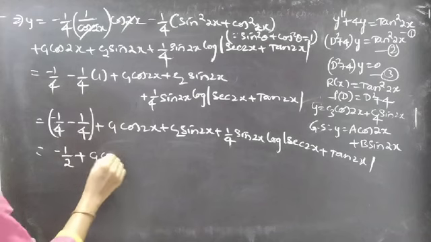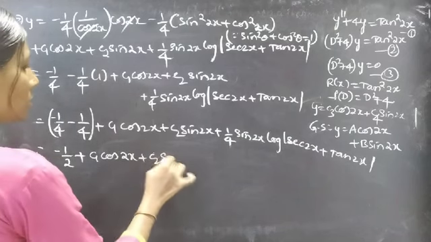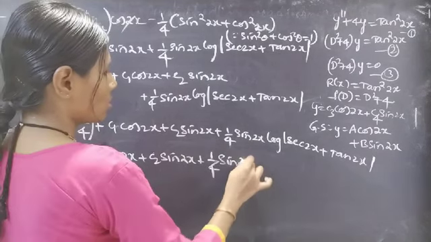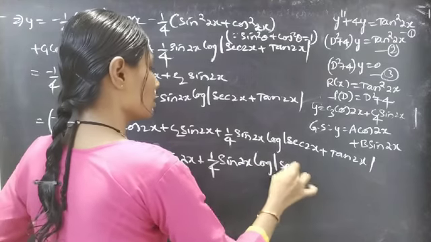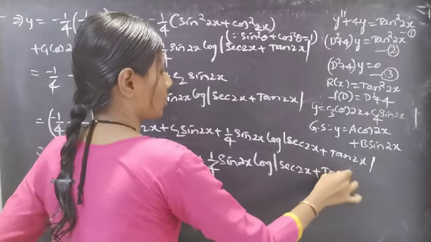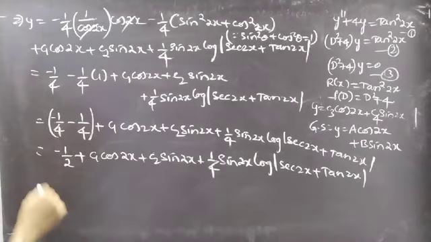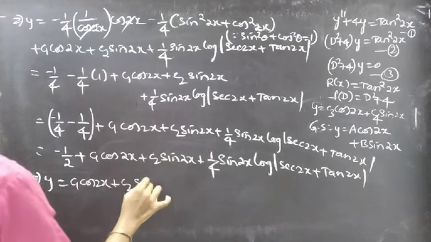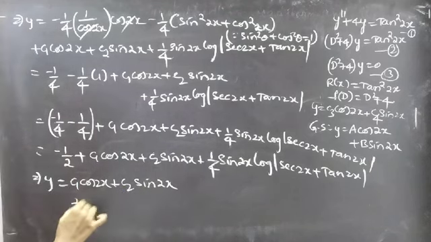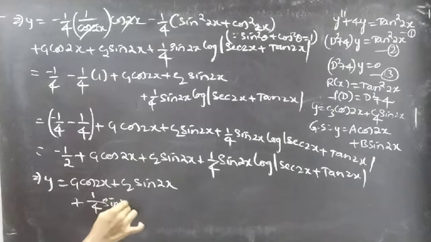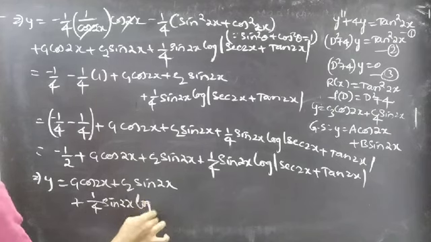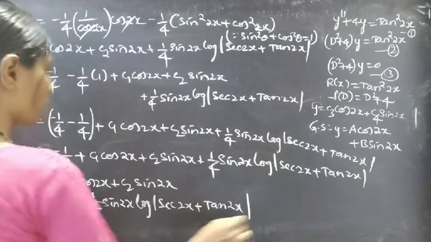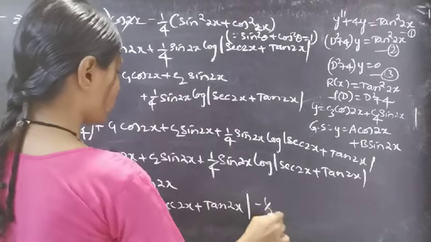Plus c1 cos 2x plus c2 sin 2x plus 1 by 4 sin 2x into log mod secant 2x plus tan 2x, or y equal to c1 cos 2x plus c2 sin 2x plus 1 by 4 sin 2x into log mod secant 2x plus tan 2x minus 1 by 2 is the required solution.